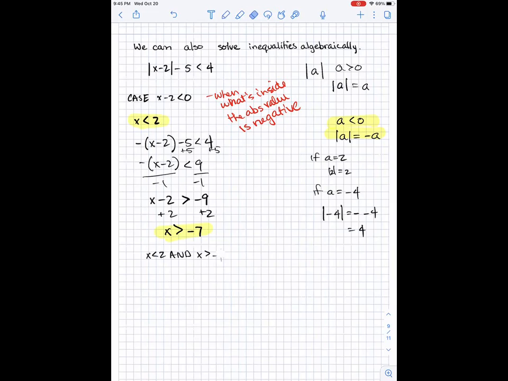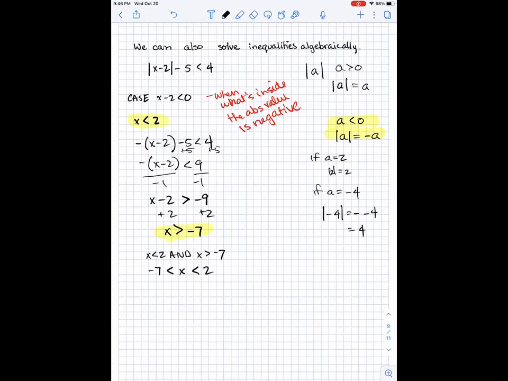Since it's an and, we can put these together as long as the numbers increase from left to right. So the -7 is less than the 2. Make sure that all of the inequality signs point towards the left. So what we get is -7 is less than x, which is less than 2.